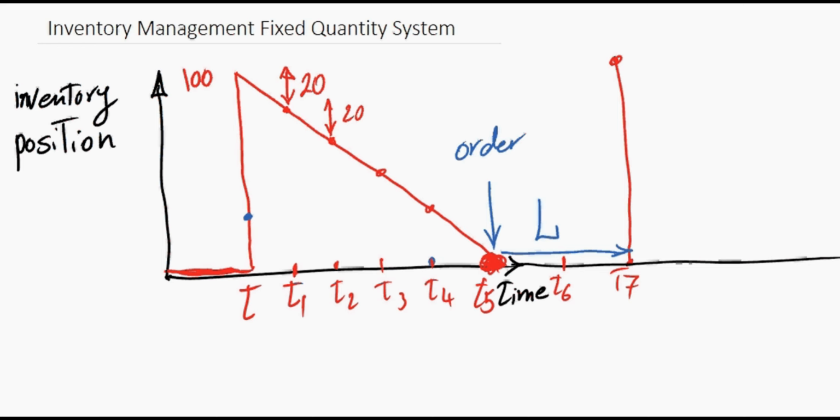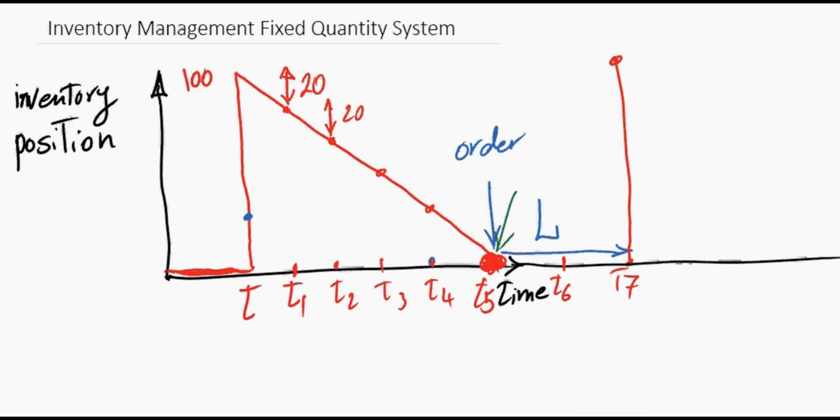We have to think of a way to fix this problem, and to fix it, instead of waiting until the inventory level reaches this point, way before that, we put a purchase order.